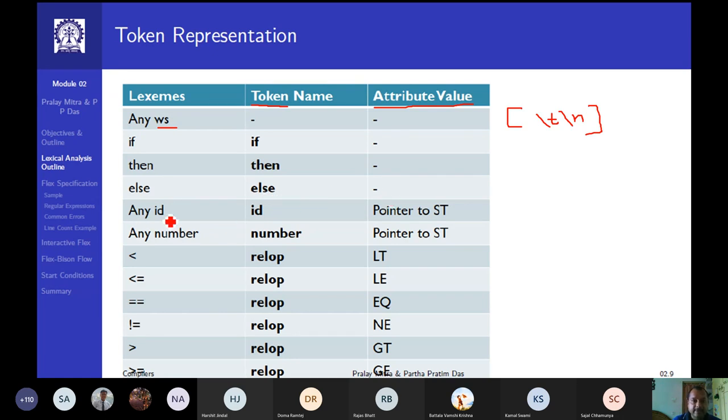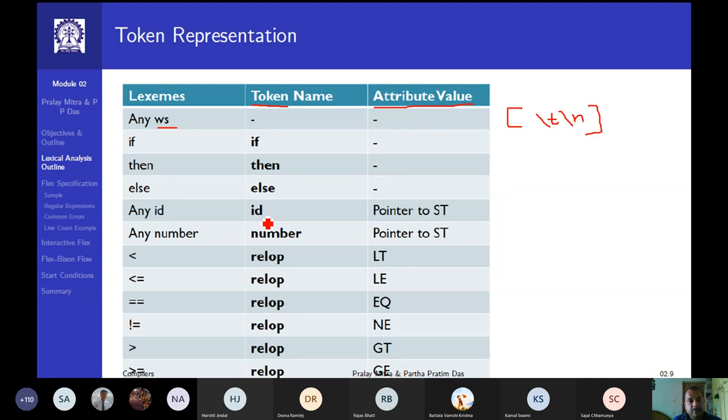Any identifier, any ID, which follows the regular expression that we discussed or the FSM that we have drawn, will go to the token name ID. For all the variables that you declare in your program, all will go with the token name ID.